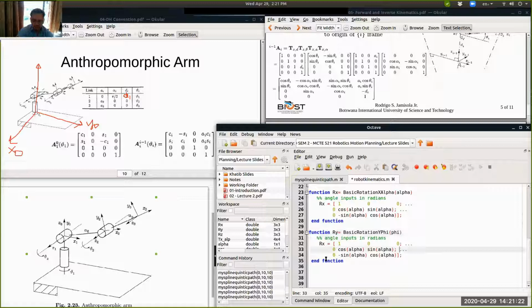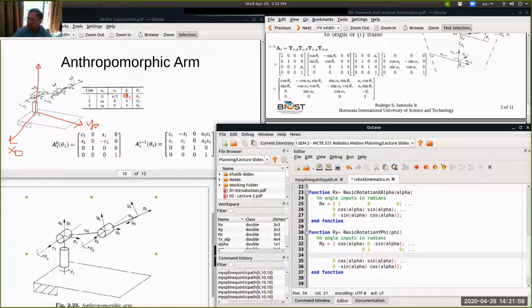Here you have RY, you return the RY, and because you are doing Y this time, it starts with cosine and 0 here, and then sine will be negative. Also 0 and 1, 1 and 0 at the end. Then 1, 2, 3.